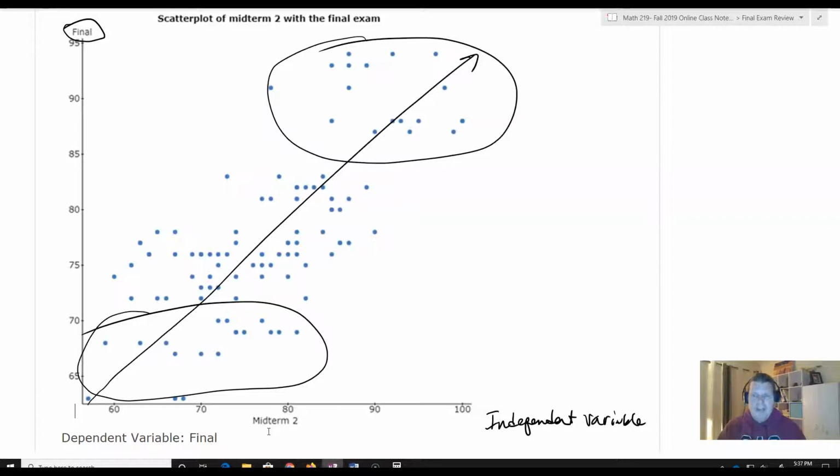So my explanatory variable would be the amount of studying. That's the thing that affects my test scores. It's not really cause and effect, but it's kind of like that. My explanatory variable, midterm 2, explains my response, which is my final exam variable.